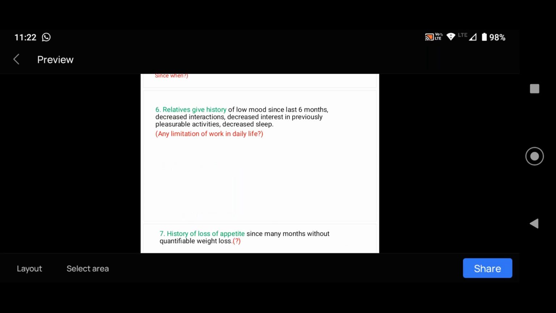Now whenever patients present with such complaints, there are two aspects to it that we have to think about. A, is it part of the primary process, in the sense that is the feeling of depressive symptoms or low mood part of the problem itself? Is it a primary problem?